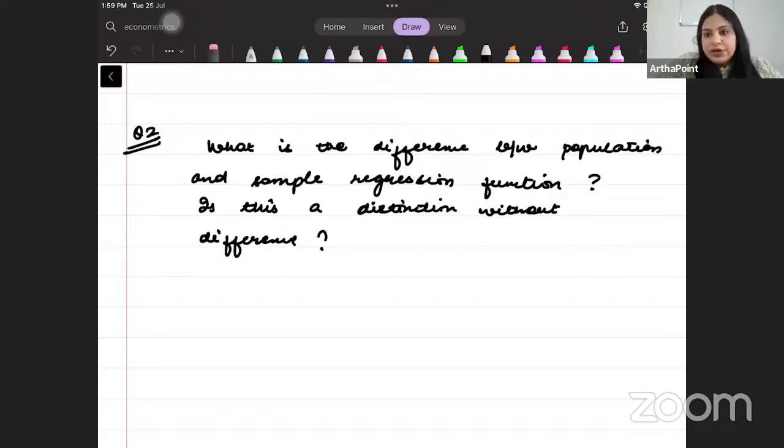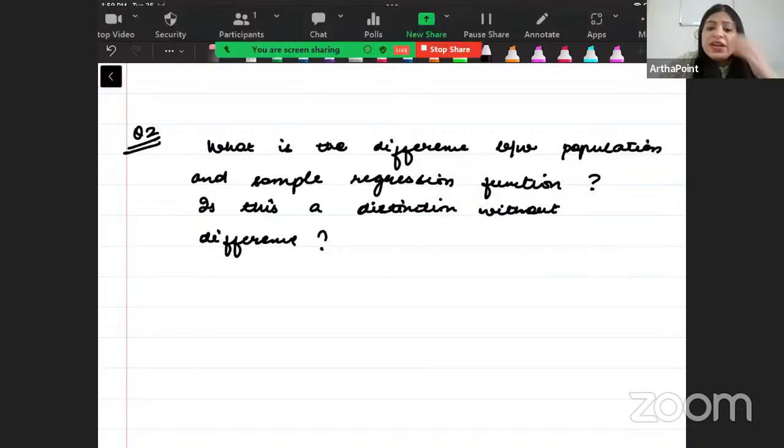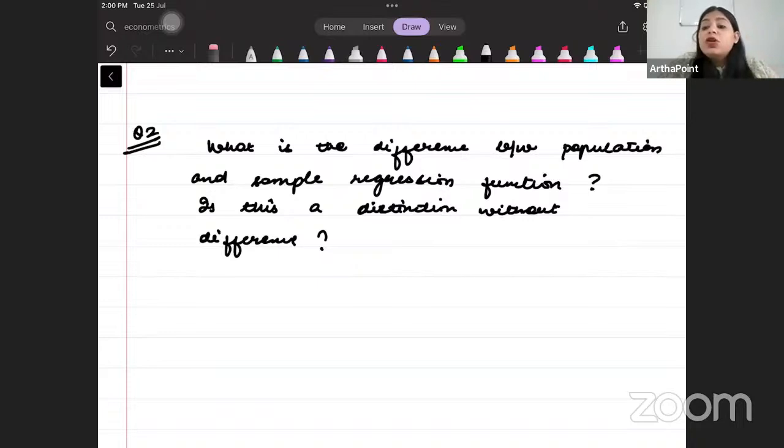So please understand, beta, why do we use the sample regression function? Let us try to understand that first. See, population is not always at your disposal. It is very difficult to get the data for the entire population, right? For example, if I ask you, which party is going to win the election, BJP or Congress? So what will you tell me? You will tell me, I cannot ask every person who has given the vote.